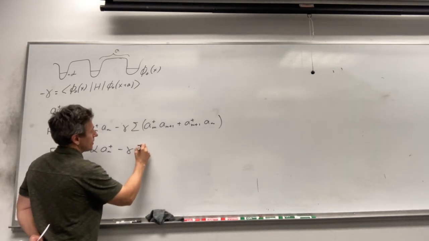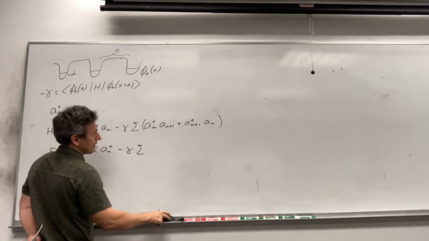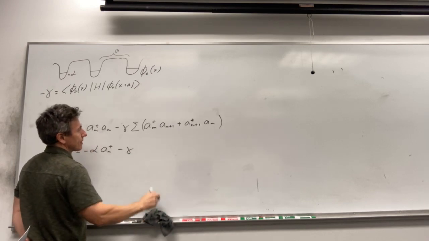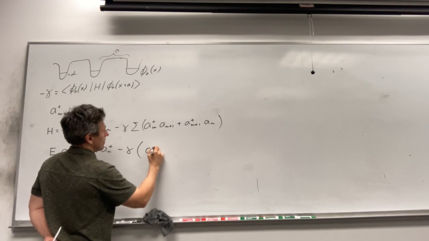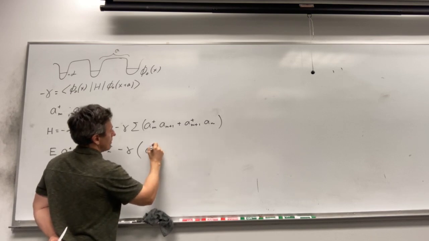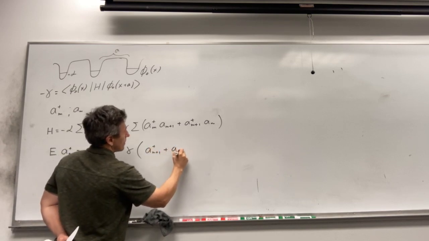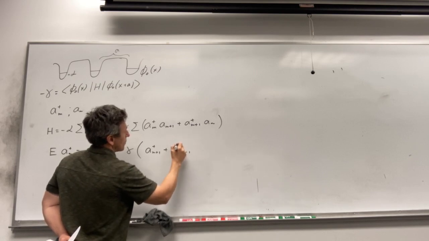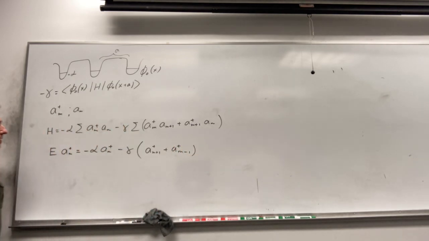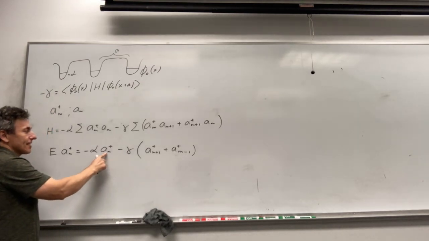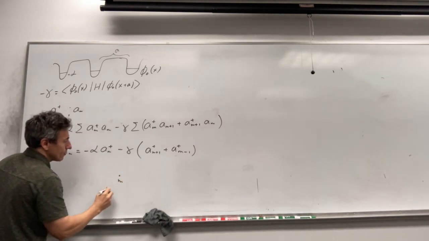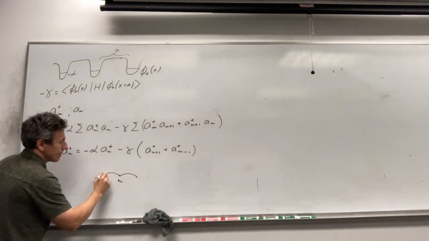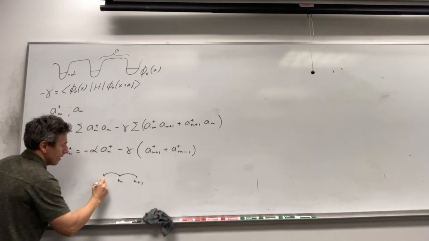So it will be minus gamma, not the sum in this case, just a m plus 1 plus a m minus 1. The reason is that this is how the state at atom m is coupled. We have the state at atom m coupled to two states, at atom m plus 1 and m minus 1.